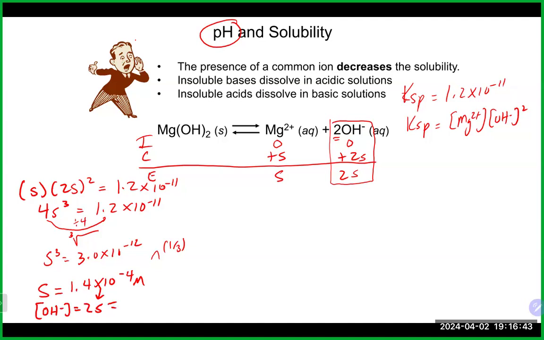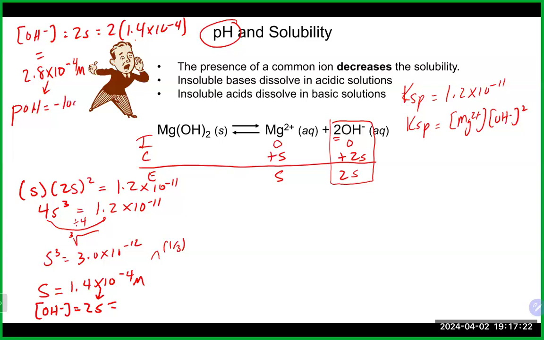Our hydroxide is 2 times our 1.4 times 10 to the minus 4, giving a hydroxide concentration of 2.8 times 10 to the minus 4.